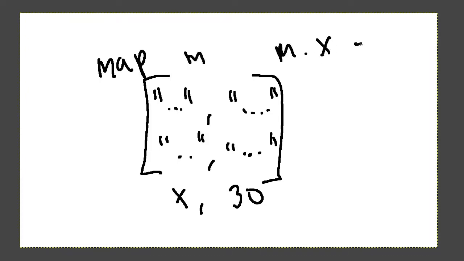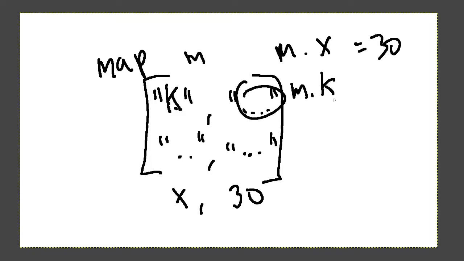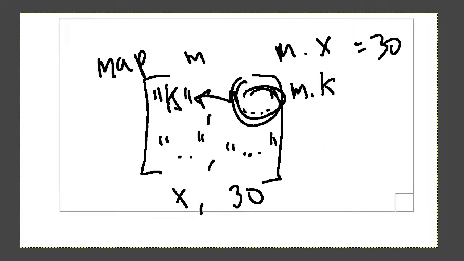You can do x is 30. So let's call this map m. Anytime you refer to m, x, it's going to know you're talking about 30. And let's say this right here is k. So anytime you refer to m, k, it's going to know that you're referring to this. And in some languages, you might be able to even refer to this to get this back. But that really depends. Not all languages have this exact same concept, but the general idea is there.